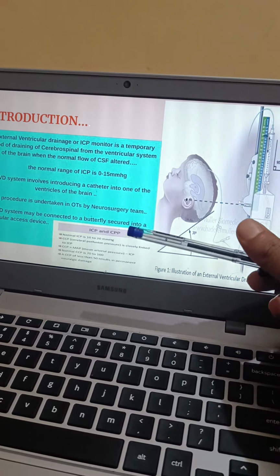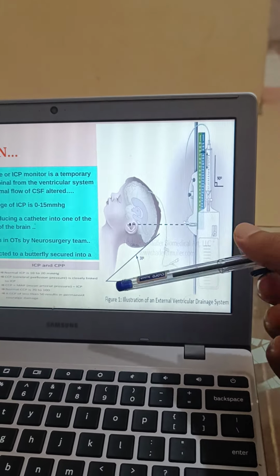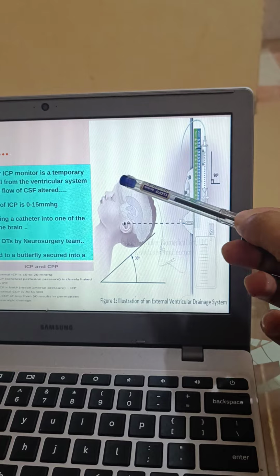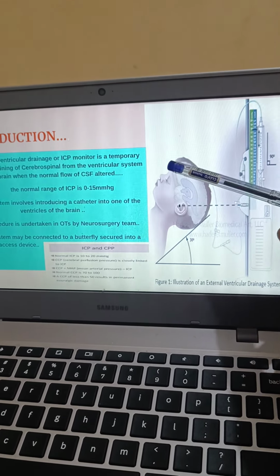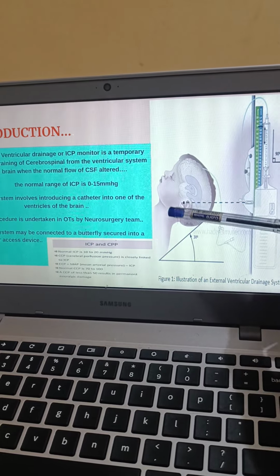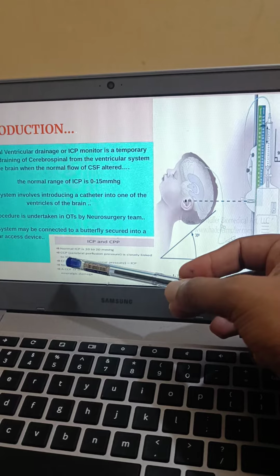Then I will tell you about the CPP. CPP means cerebral perfusion pressure. It means our brain circulation, perfusion, everything; perfusion means recirculation. It is all maintained by the CPP.